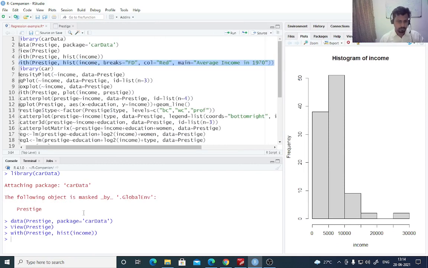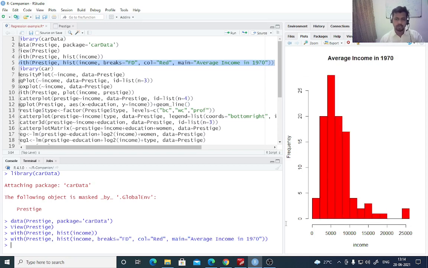So let us understand this command. The first two arguments are the same, that is I am applying the histogram of income to the data Prestige. Here I have specifically mentioned that the breaks between the class intervals must be of fixed width, that's why it is FD. Color is for the filling purpose, that is red, and main, that is the title of the graph, is average income in 1970.